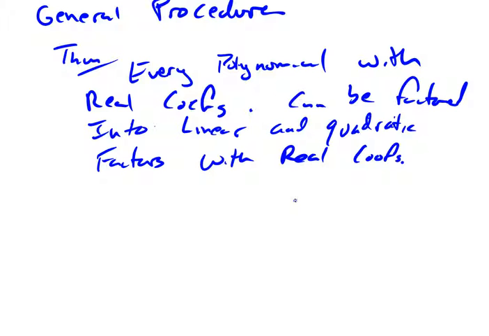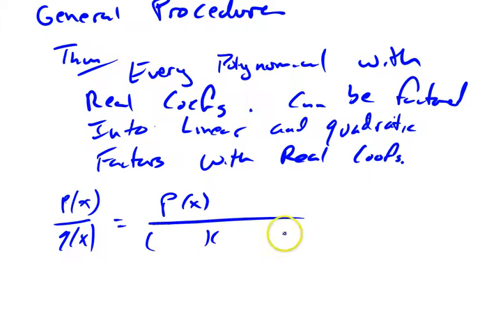Anyway, from our point of view, when we're looking at our polynomial p of x divided by some other polynomial q of x, I know that I can factor that into p of x over a bunch of factors down here, whatever it takes to factor q of x.